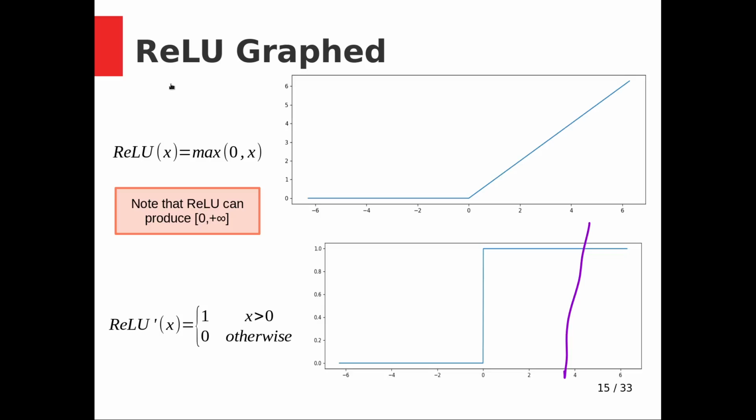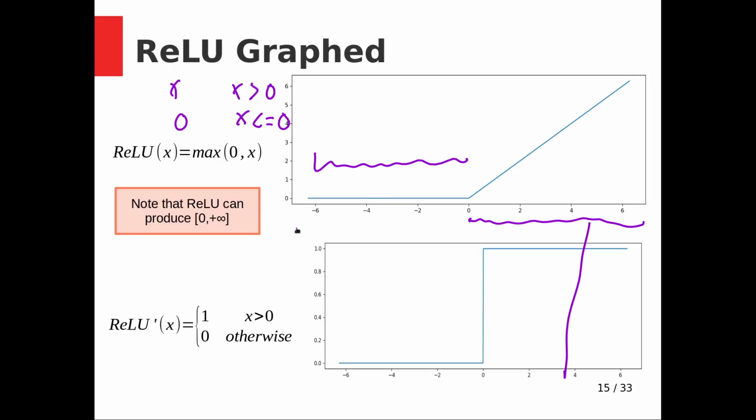And if you want to graph it, it looks like this. It's x for x greater than 0, 0 for less than or equal to 0. It's 0 over here, and then it's just your input x over here. And so what's the derivative of that?